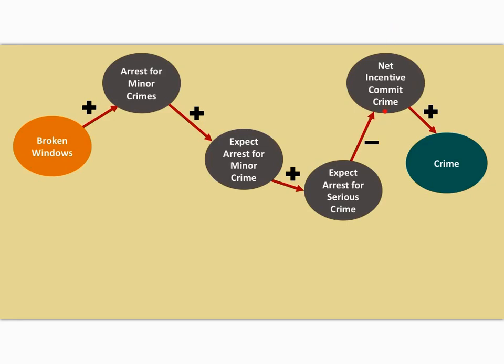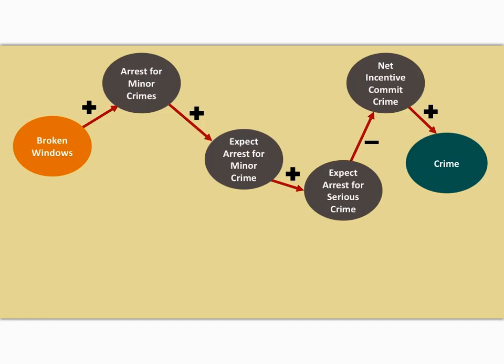And that in turn could decrease someone's image of the net incentive for committing crime. I commit crime, I'll get some property, I'll get some benefit, but boy, I'm expecting to be arrested. And the lower the incentive for committing crime, the less someone will commit the crime.